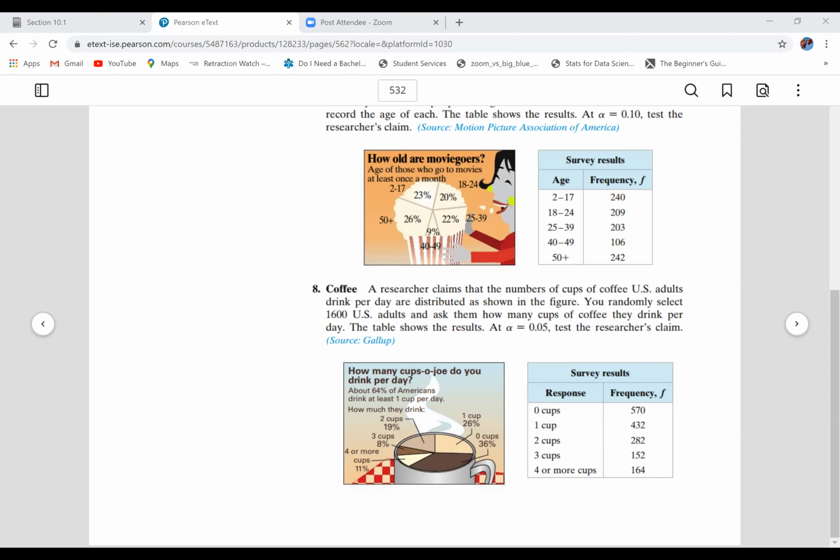It was 1,000, so it was easy for us to compute it, but now it's 1,600. This is where I got the 1,600 from. It's right here. 3 cups, guys, 8%. So do 0.08 times 1,600. And I'll show you my calculator screen in a second. And the last one, guys, is 11%.